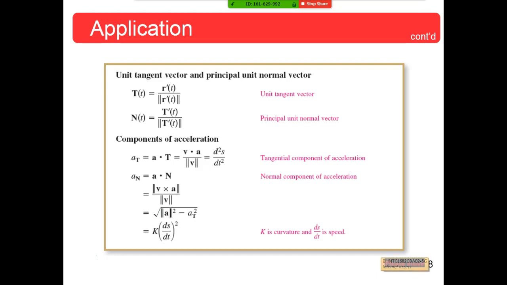Okay. Your normal component of your acceleration is a dot N, but the normal vector is a hard thing to do, usually. So a shorthand for that, because the v is really easy to get, the a is pretty easy to get, so v cross a.